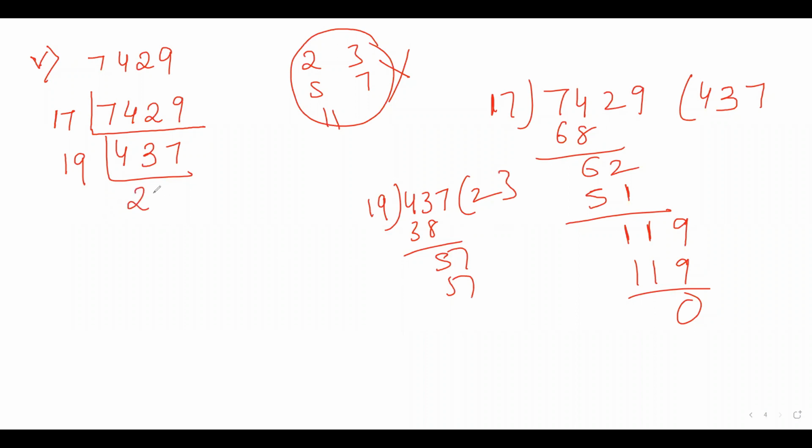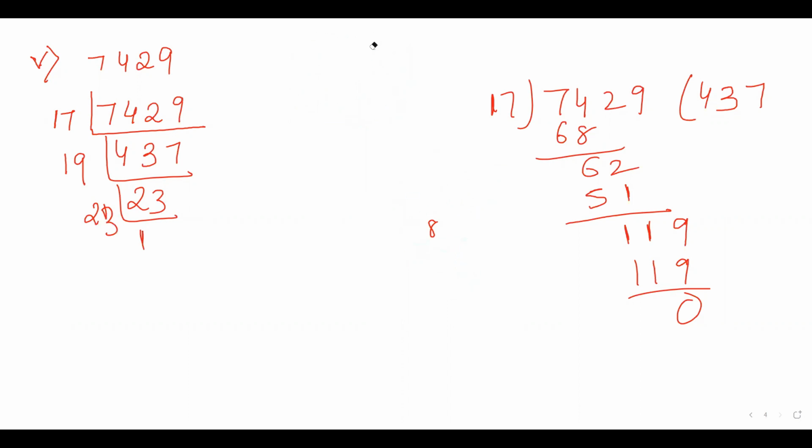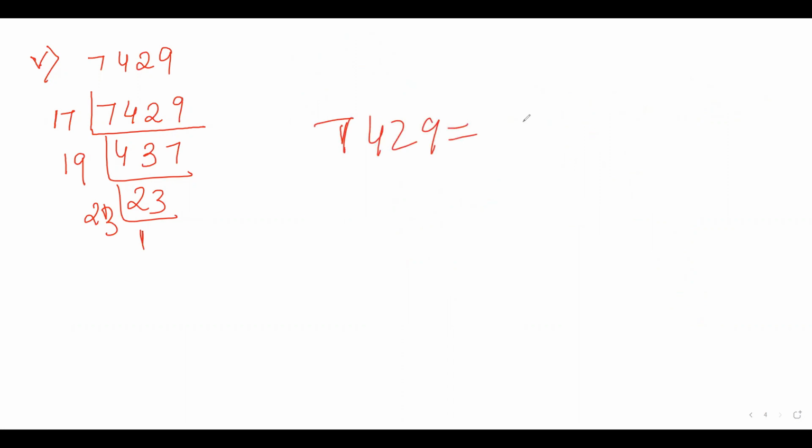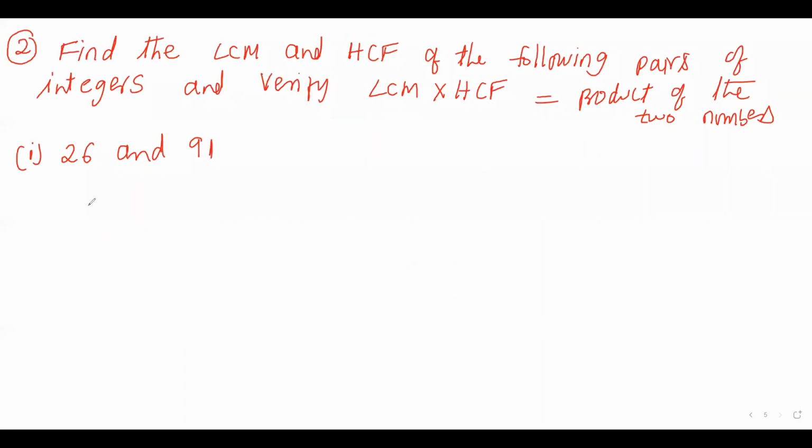How many times it is going? 23 times. 23 ones are 23. That's it. So we got the prime factors of 7429. Write down the factorization form. 7429 is equal to 17 into 19 into 23. That's it. Please note.